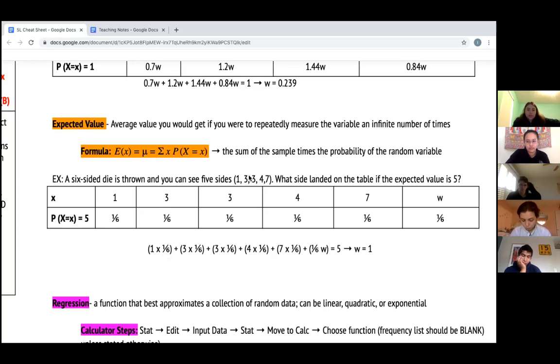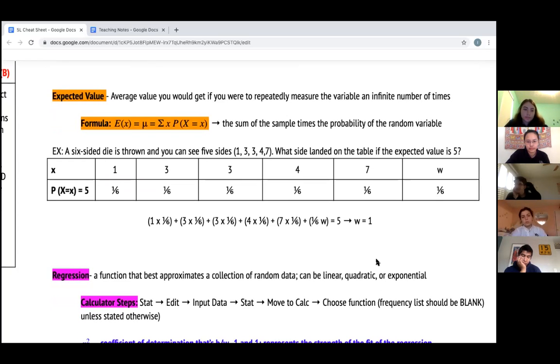And so an easier way to do this, because you don't know a variable in the top row this time, you would just take the 1 and multiply it by 1/6 plus 3 times 1/6 plus 3 times 1/6 plus 4 times 1/6 plus 7 times 1/6 plus W times 1/6 equals 5. And again, you would just solve that like a normal equation, and that gives you W equals 1.